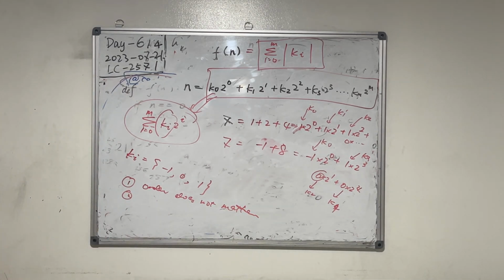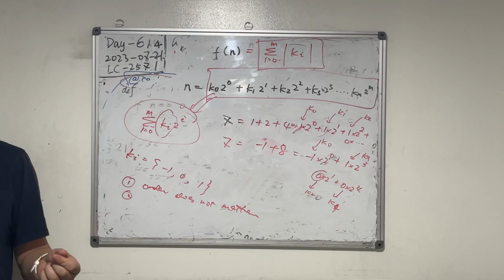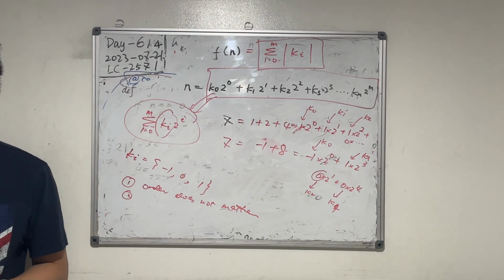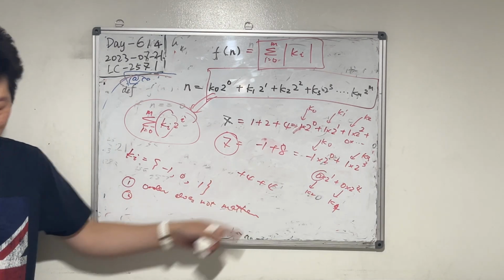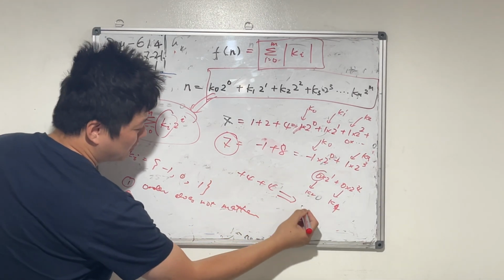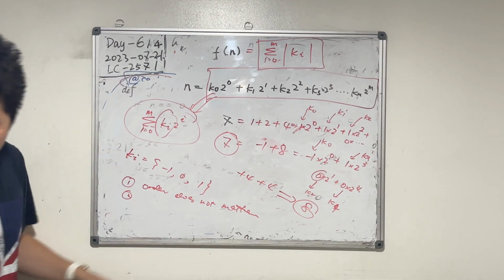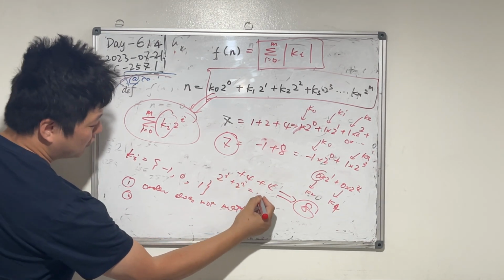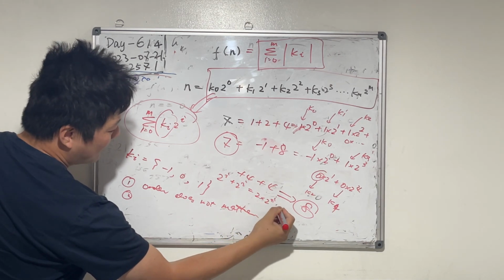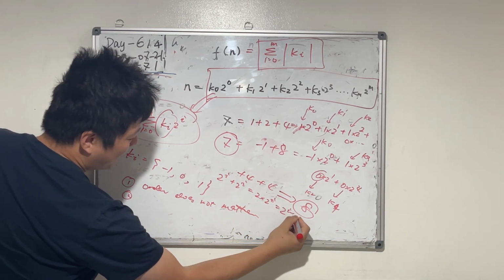Another thing is that we cannot have any two additions of the same power of 2. Plus 4 and then plus 4 again, right? Because this is 2 steps, but actually you can merge it into one, which is a power of 2. Because 2 to the power of i plus 2 to the power of i equals 2 times 2 to the power of i equals 2 to the power of i plus 1, right?